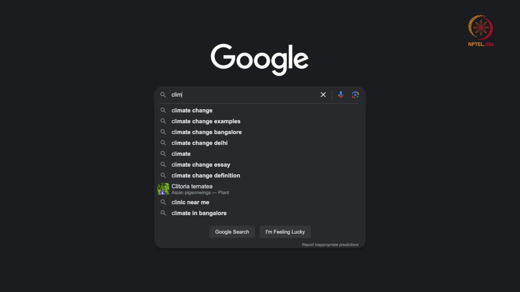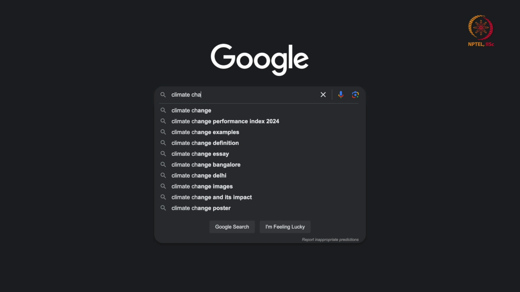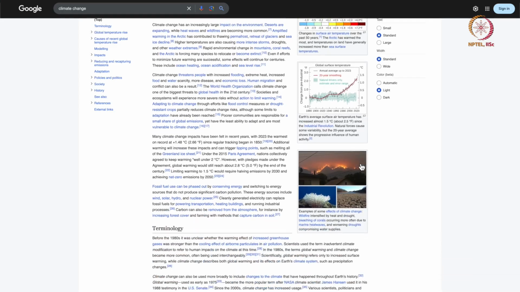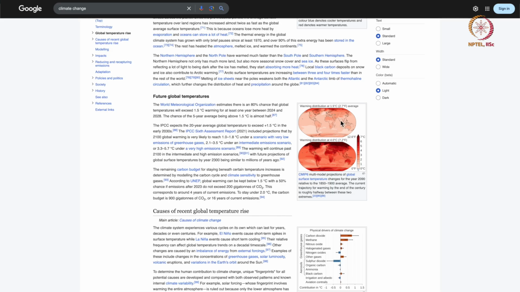If you do that, you will get very conflicting stories. There are some who will say climate change is a hoax. There are others who will say climate change will lead to disasters tomorrow. And others will say, yeah, climate change is occurring, but somehow we can deal with it.